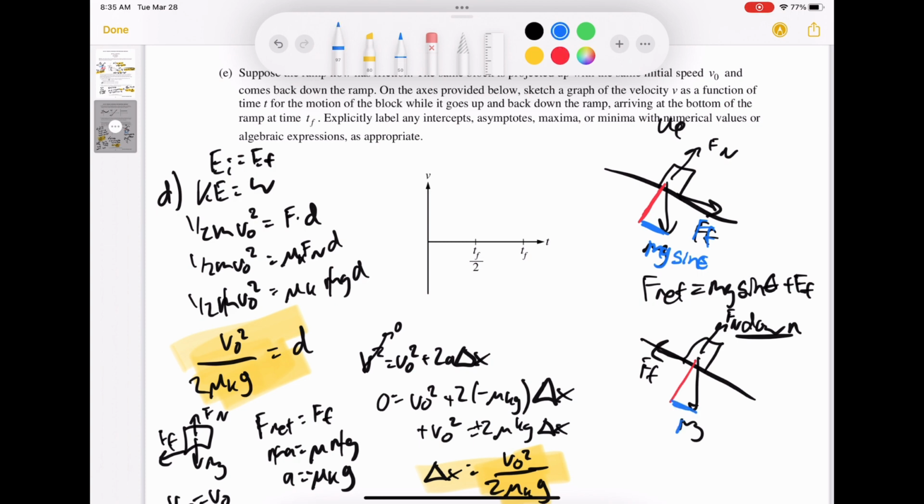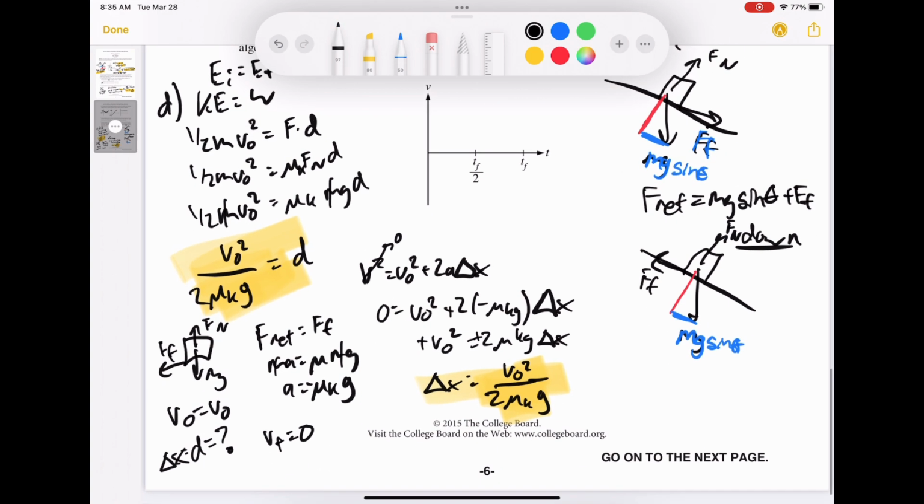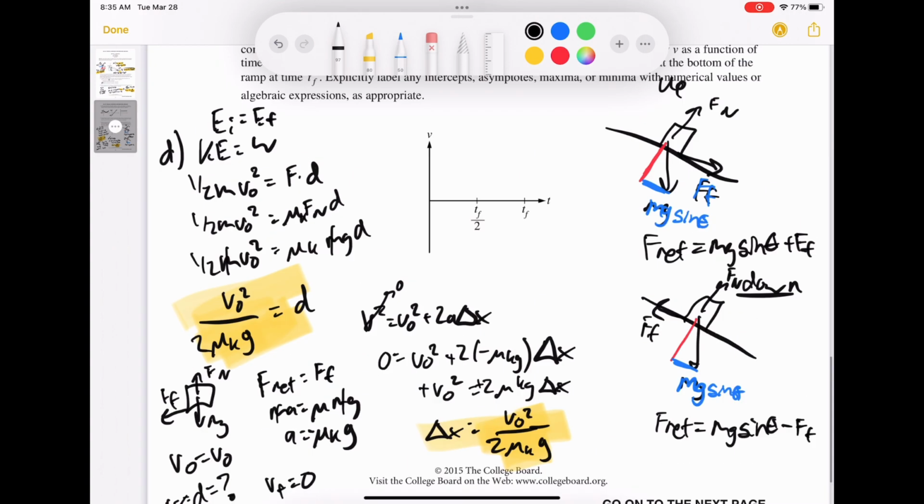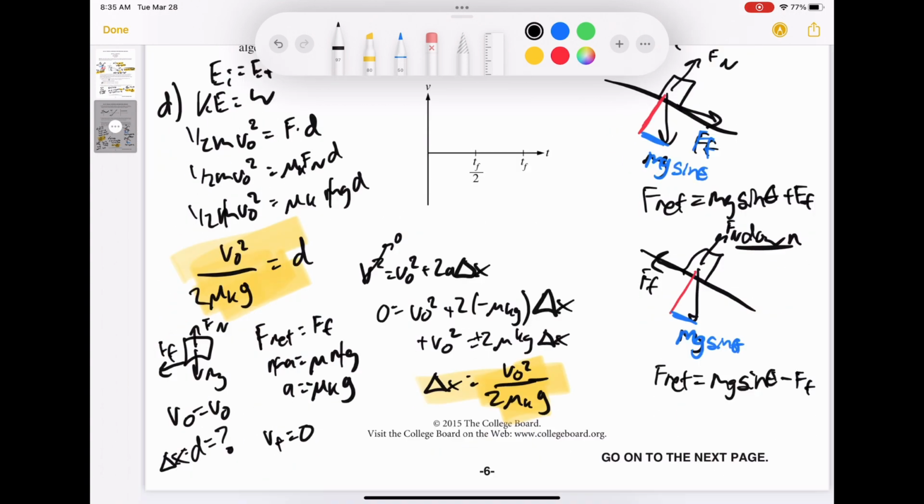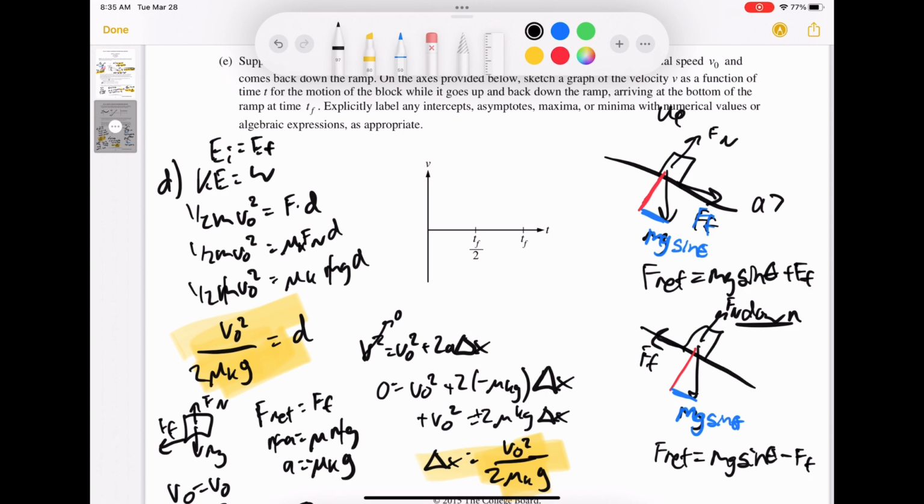I have that blue part, which is going to be mg sine theta. In this scenario, though, my F net is going to be a little bit different. So my F net is going to be equal to mg sine theta minus ff. Okay, and so I know that my acceleration is going to be smaller on the way down and bigger on the way up. So a up will be greater than a down.